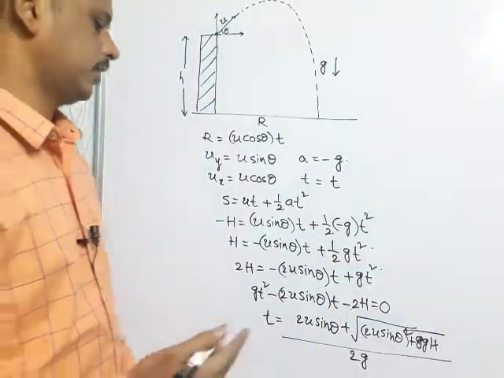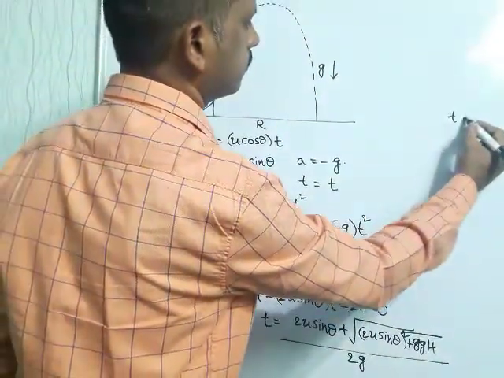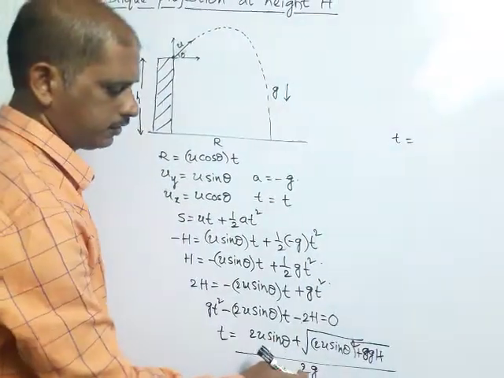So if you simplify that, t is equal to 2u sin theta by 2g.